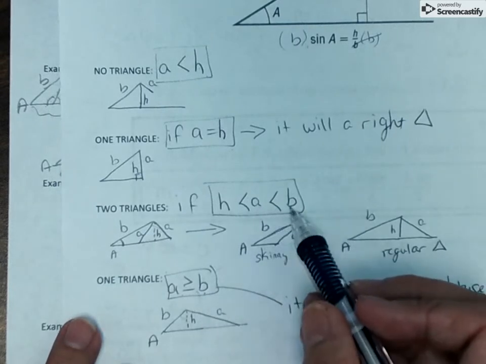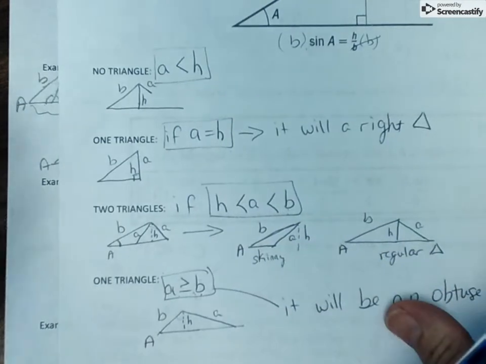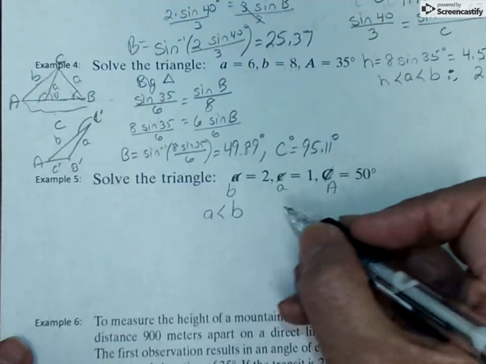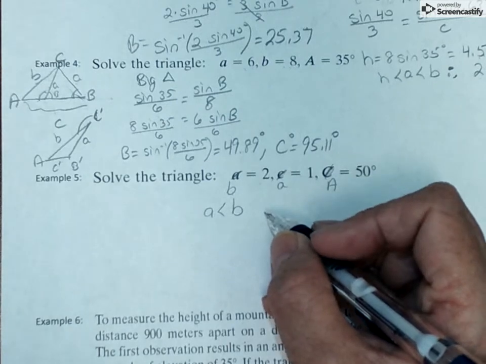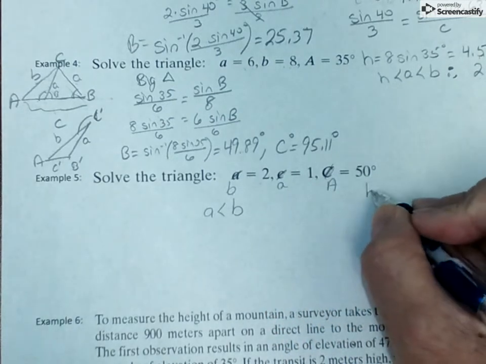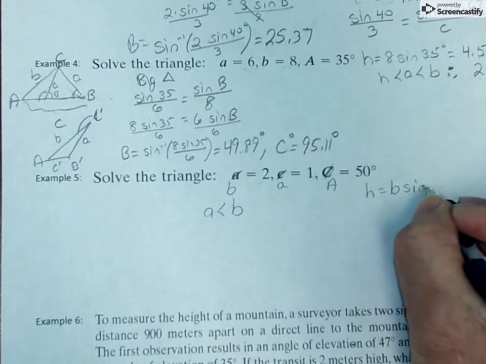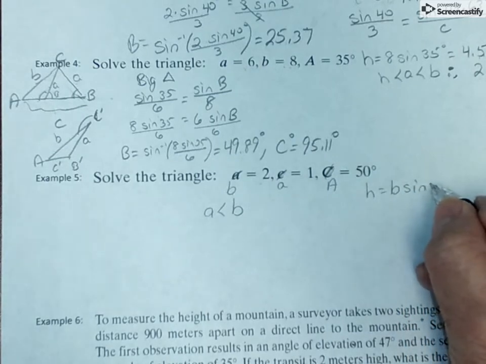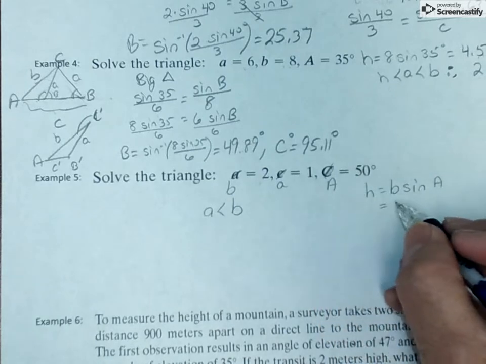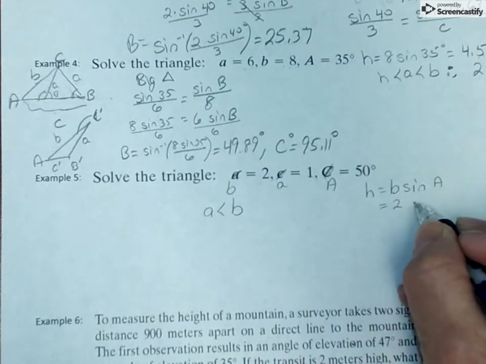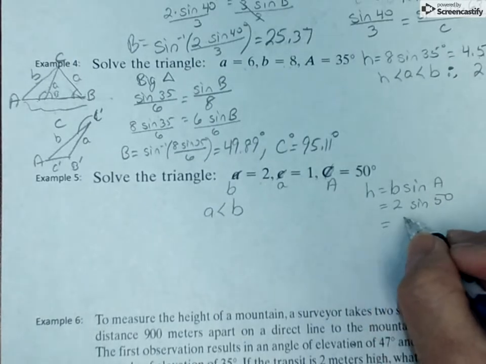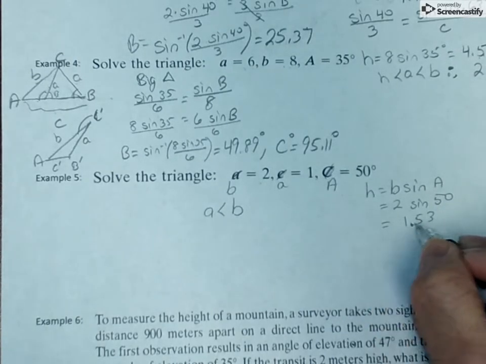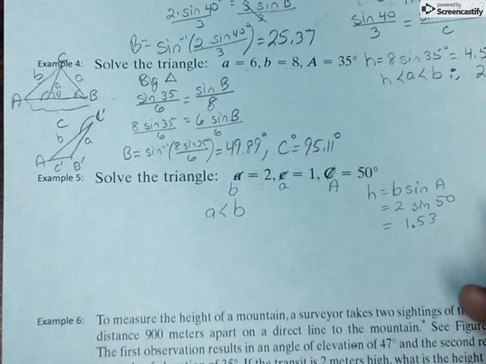A is smaller than B, so I also need to compare the height to B. To get height, remember that height is equal to B times the sine of your angle A. So in this case, B we said is 2 times the sine of 50. Height is 1.53 when I plug that in the calculator.